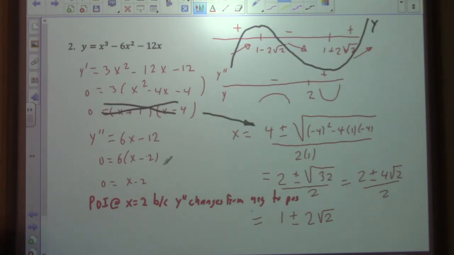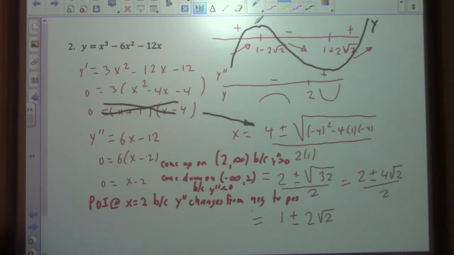So we have concave up on the interval from 2 to infinity, because y double prime is greater than 0. We have concave down on the rest of the domain, negative infinity to 2, because y double prime is less than 0.